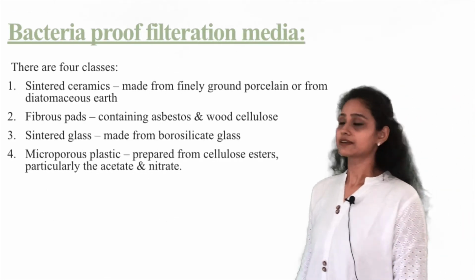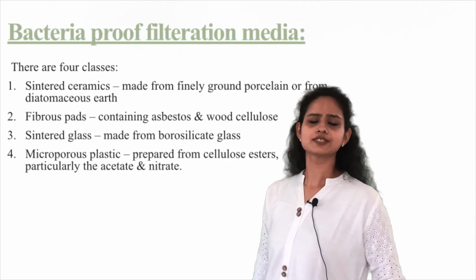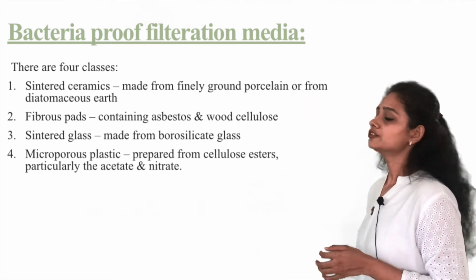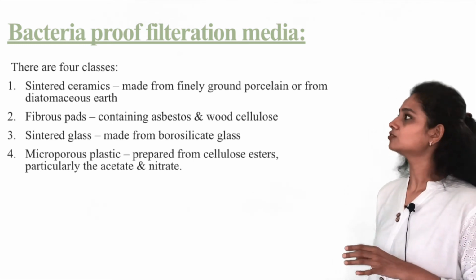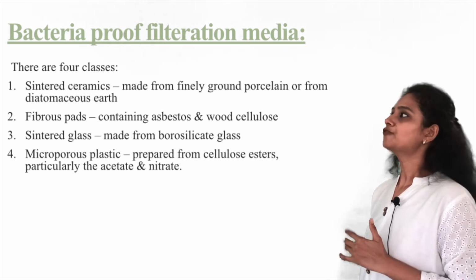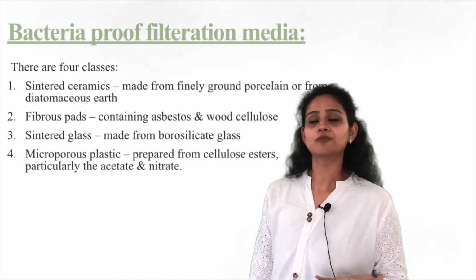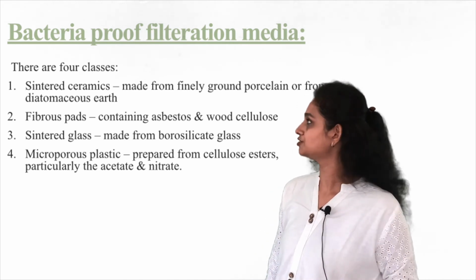The next is bacteria-proof filter media, or you can say filter pad. There are 4 different categories of filter pad. The first is sintered ceramics. Sintered ceramics may be formed from porous ceramics, or from diatomaceous earth.